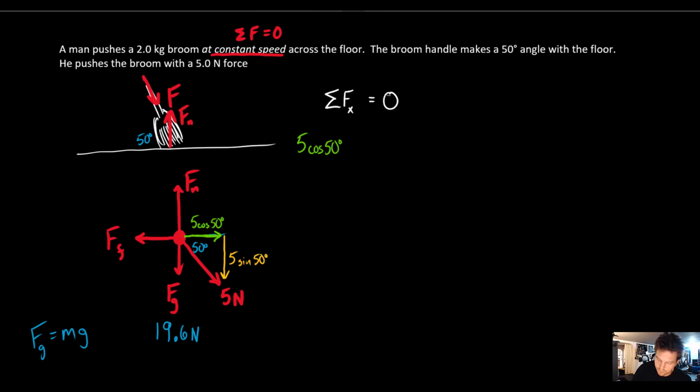All right, so 5 cosine of 50, and in the x direction, I also have this friction force that's resisting it. So I would say plus negative friction force, and that needs to equal 0. I don't know off the top of my head what 5 cosine of 50 is. So 5 cosine 50, 3.2.